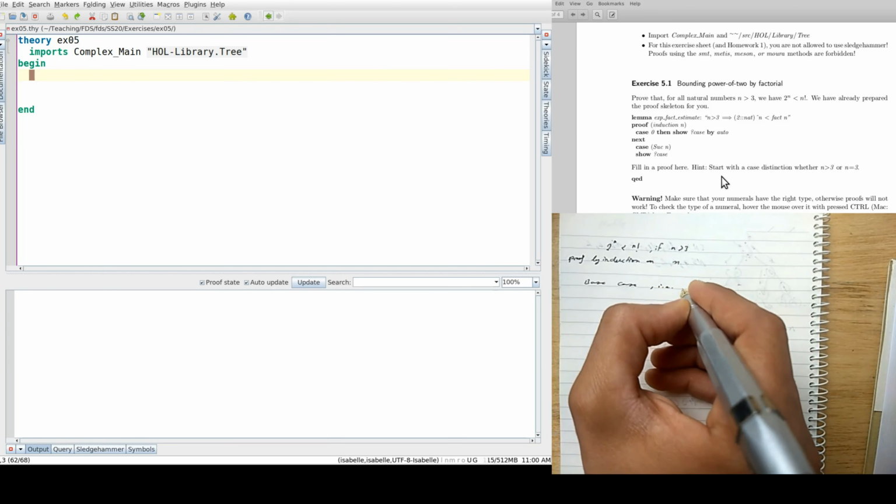So let me show you the basic steps for that proof.